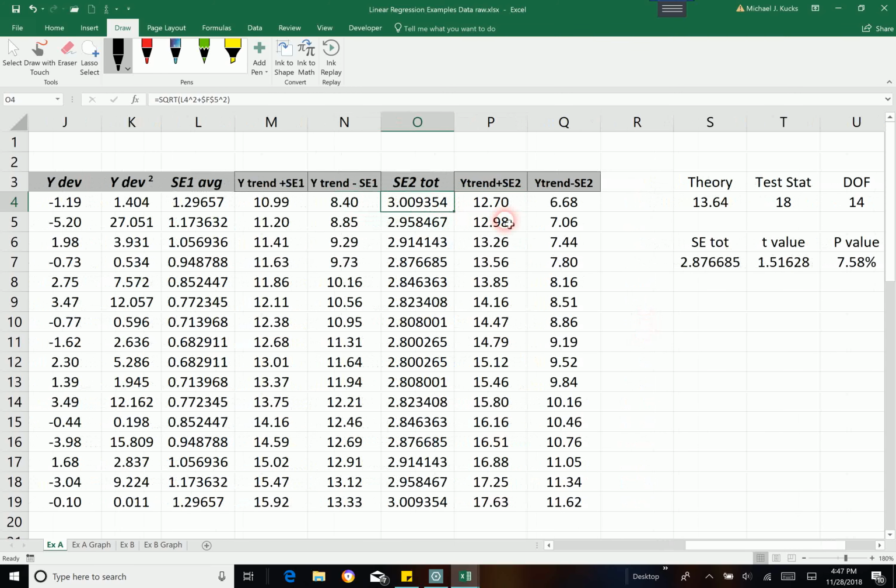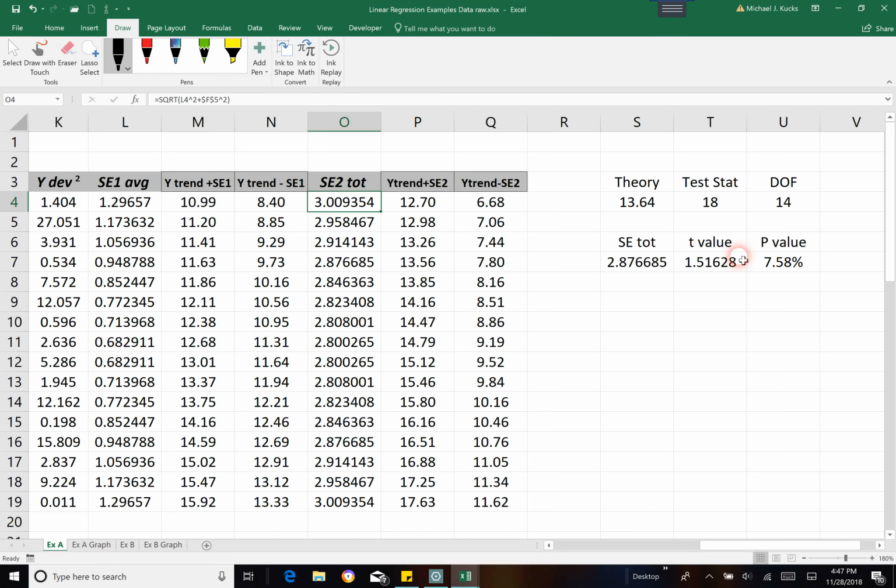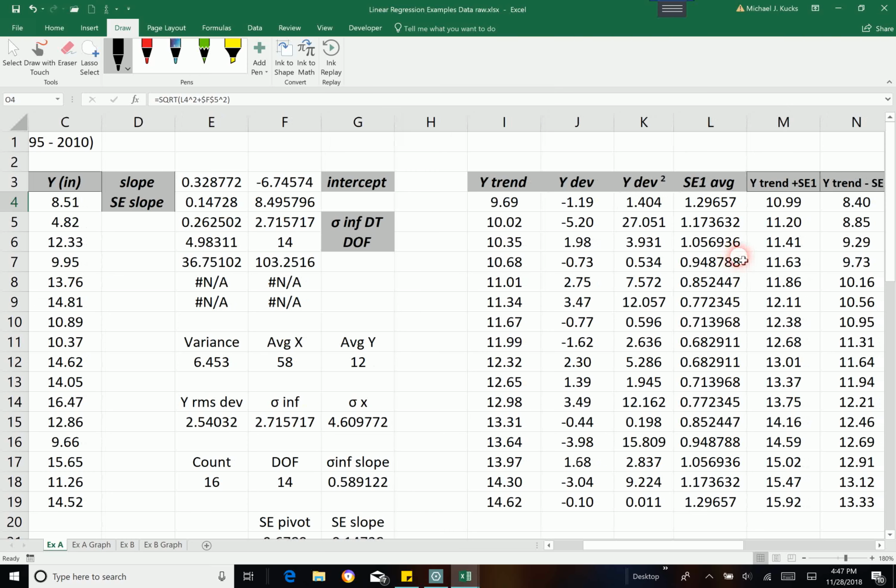But once I have these SE values, both the total here, which is for a single measurement, or the average SE here for an average of 16 measurements, then I can do all the standard things that we've been doing for quite some time. All right.